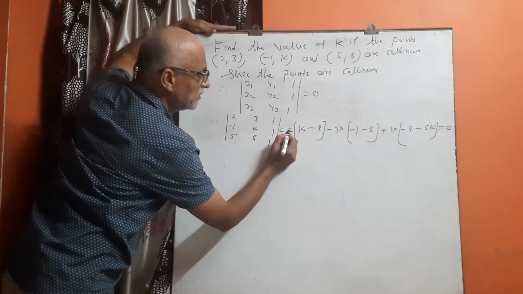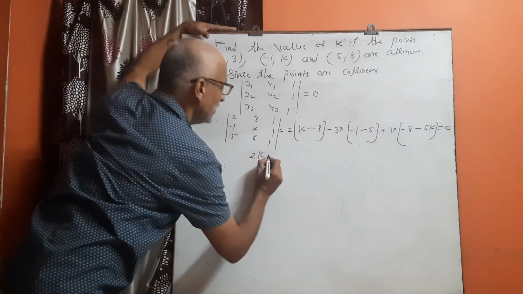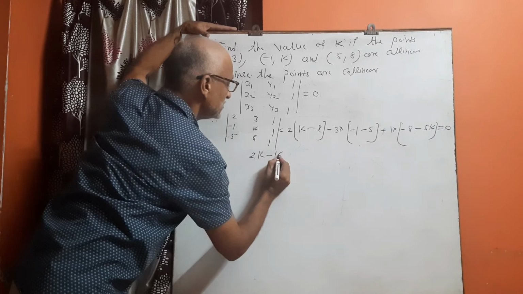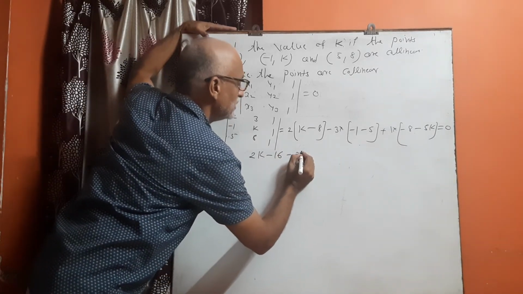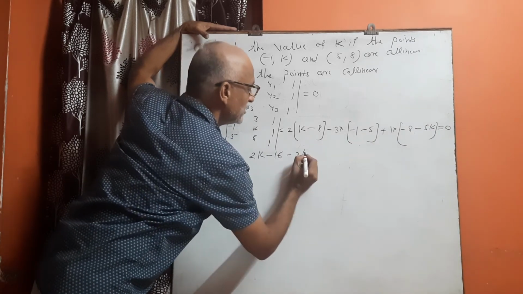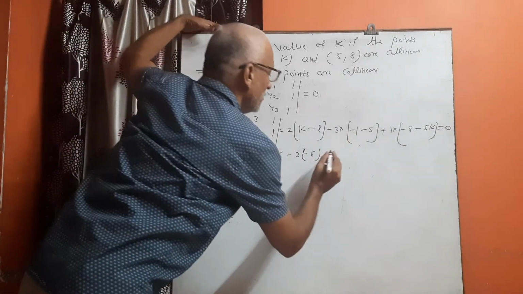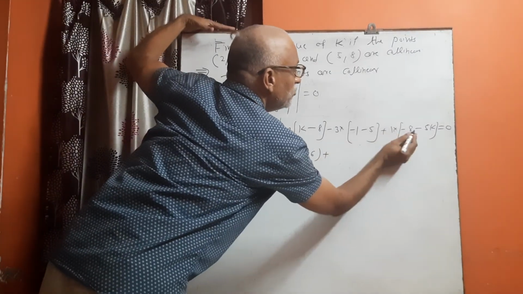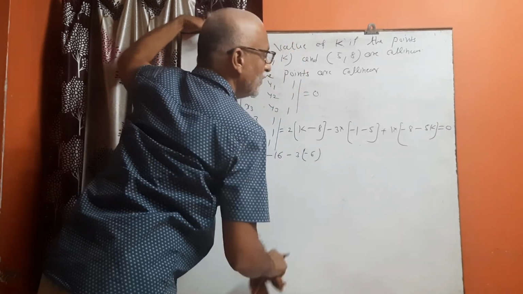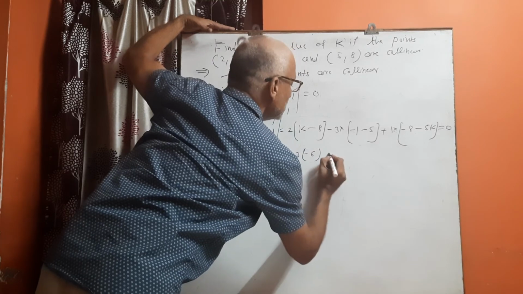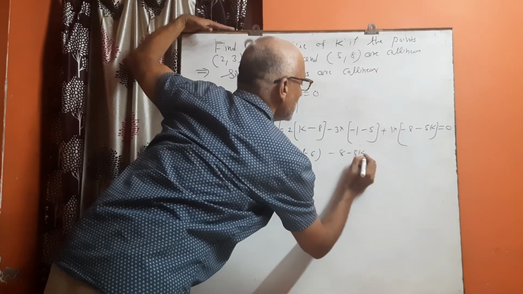Now simplify it. 2 into k, that means 2k, minus 2 into 8, that is minus 16, minus 3 into minus 1 minus 5, that is minus 6, plus 1 into minus 8, that is minus 8, 1 into minus 5k, that means minus 5k is equal to 0.